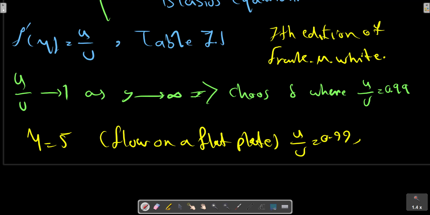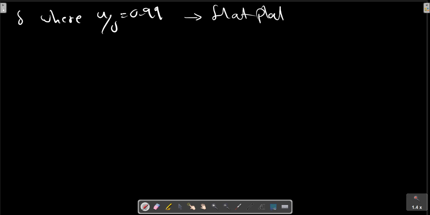So now we can write an expression for delta and the Reynolds number from the previous relation. We choose delta where u over U equals 0.99, to avoid the singularity and the limitation. For a flat plate, eta is equal to 5.